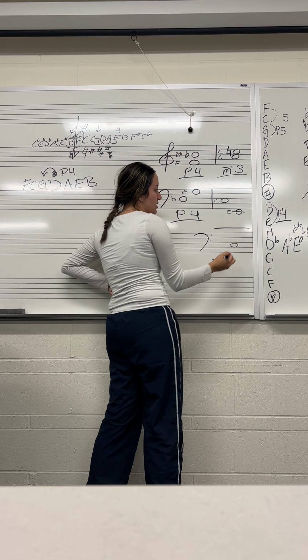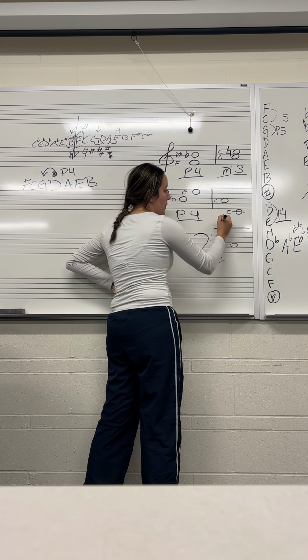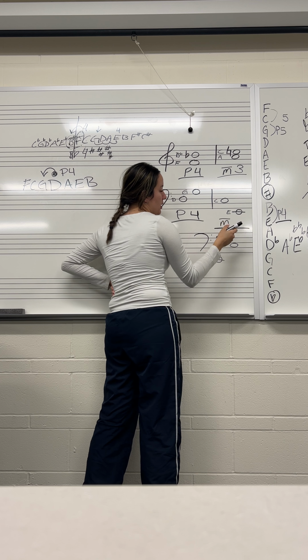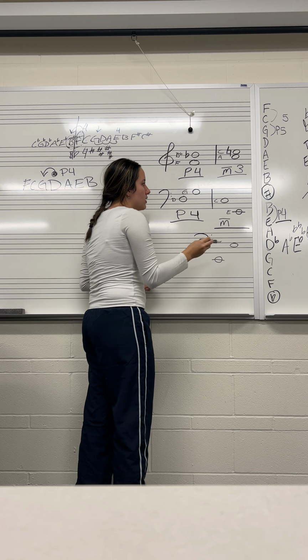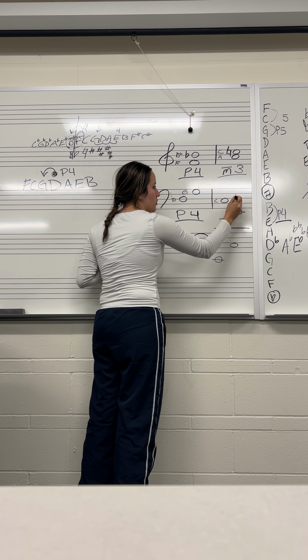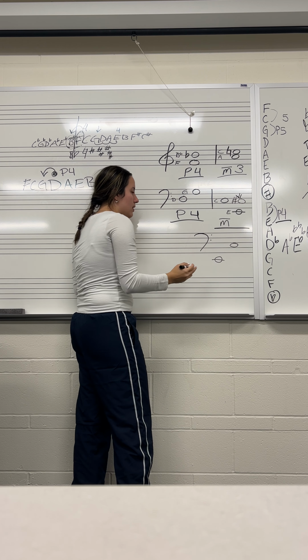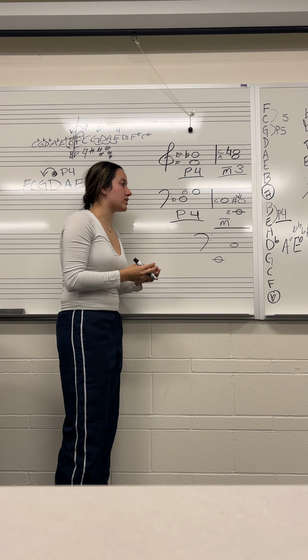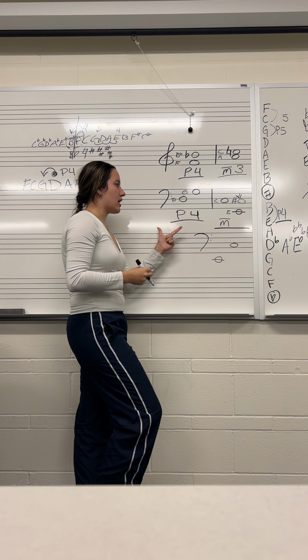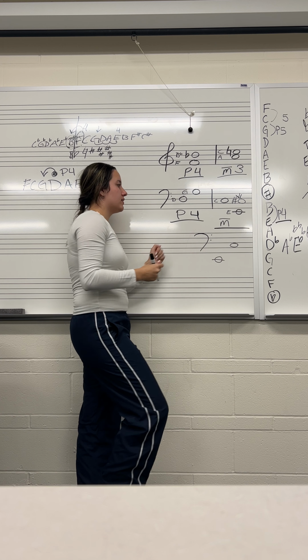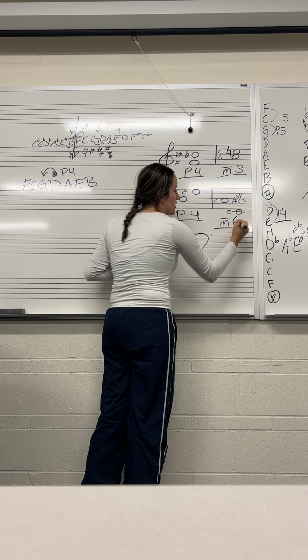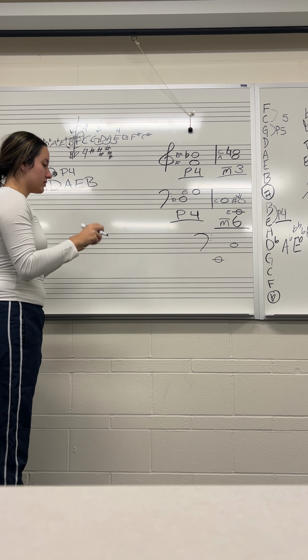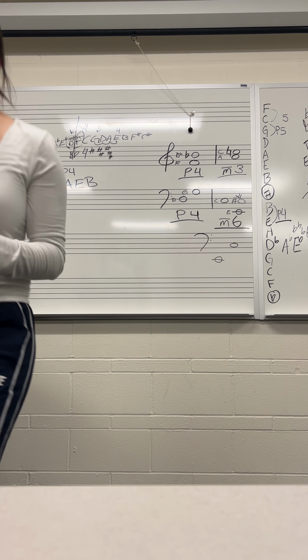So this is going to be some sort of minor relationship because we're taking C sharp and lowering it down by a half step by making it C natural. So now we have to figure out the size, or alternatively, you could figure out the size first. So just count E, F, G, A, B, C. That's 6, so this would be a minor 6th. Okay, awesome. That's it.